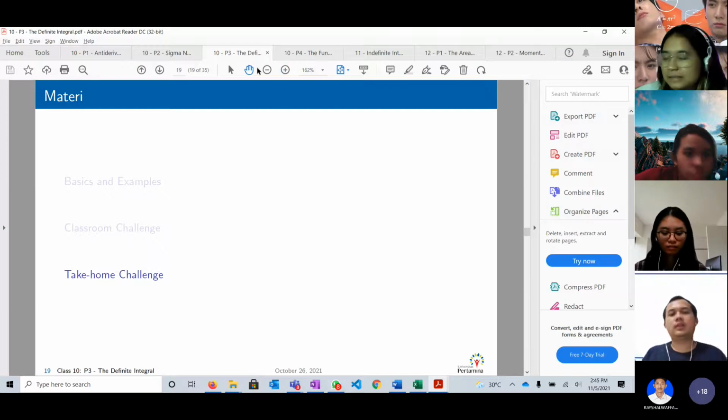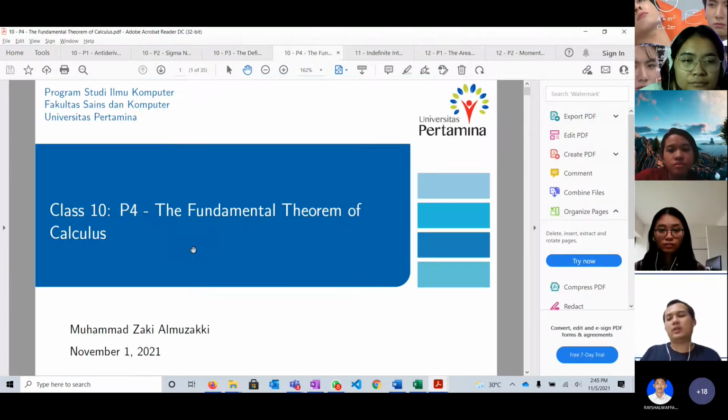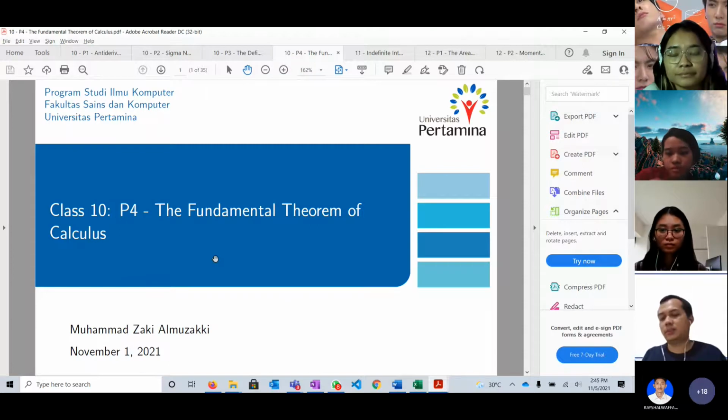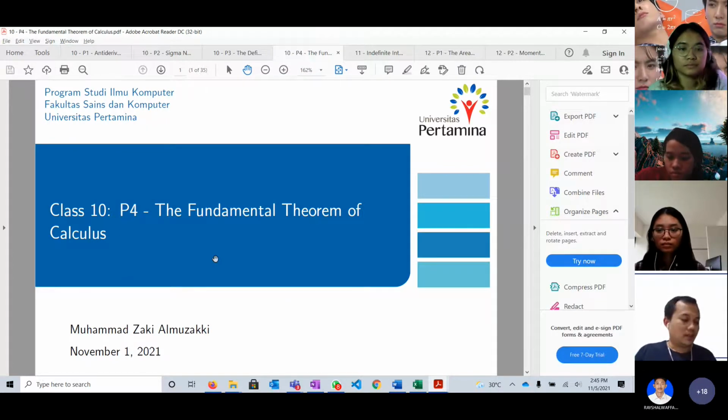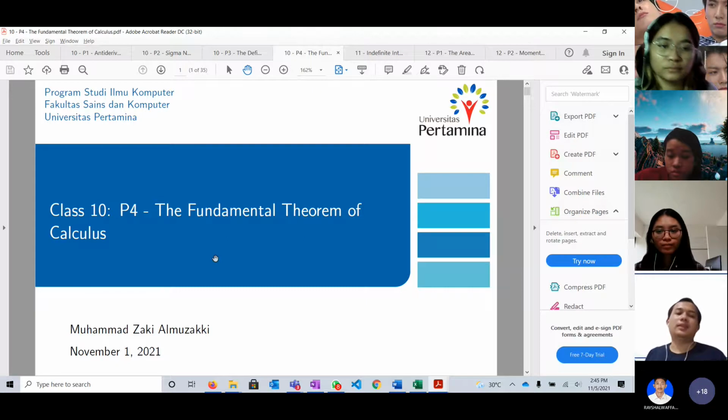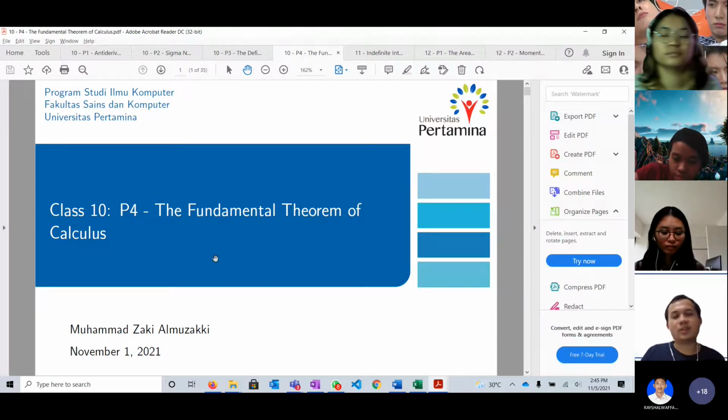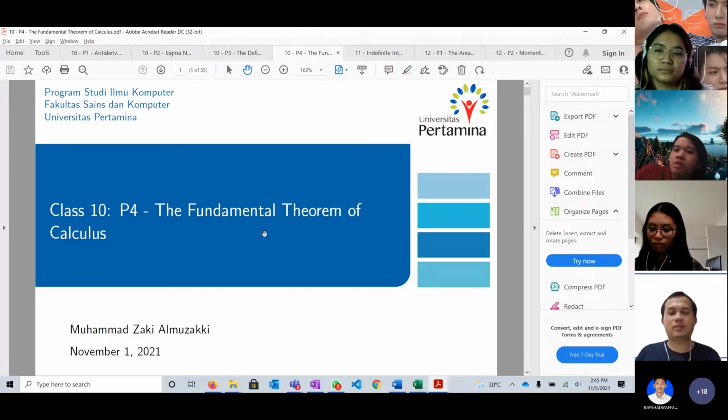Then that's all for the definite integral. Now I want to talk about the most important topics in calculus that is called the fundamental theorem of calculus.